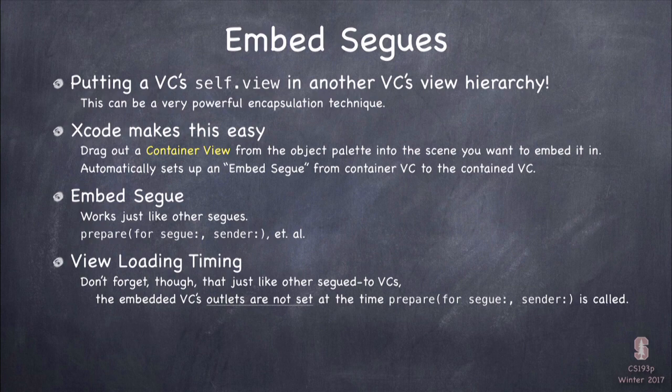So almost always what we do here is we grab the entire MVC in prepare and hold on to it. And then later, in our own viewDidLoad, when all the outlets are loaded, then we start talking to the MVC and tell it to set its outlets or whatever. So 90% of the time in the prepare for an embed segue, we grab onto the MVC that we're embedding. Which is just going to be the segue's destination, right? That's the MVC we're segueing to.